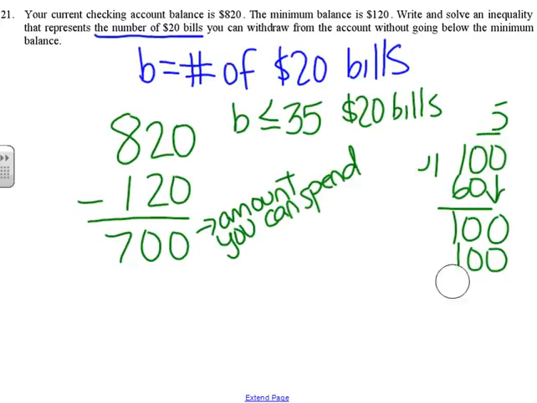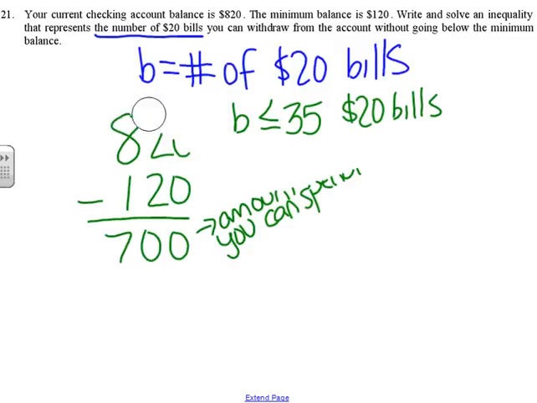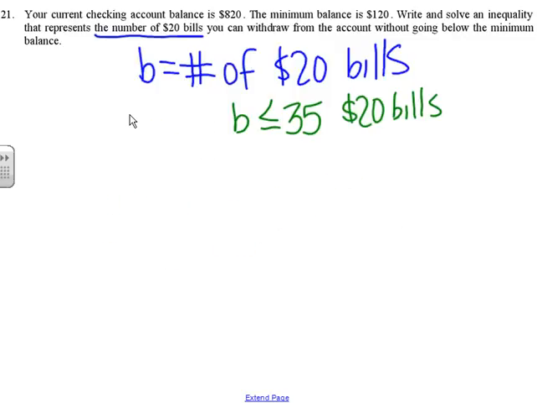If you're more comfortable setting up inequalities, which you do need to be able to do by the time we take the test, the first way was just showing where this is coming from. The way I'm going to show right now is how you need to be able to set this up, because it says write an inequality. So we have $20 times the number of bills is how much we can spend. We also already have $120 in our account.